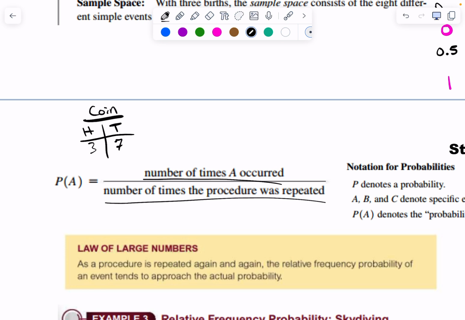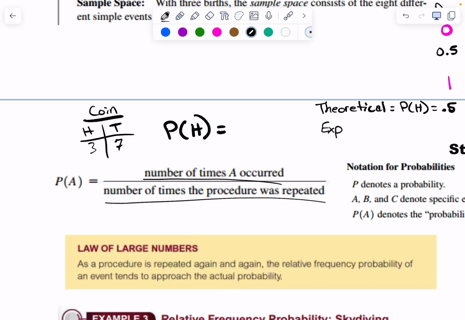Is that uncommon to get a 3 and 7 split for flipping 10 coins? No, probably not, right? 3 and 7, that's okay. But if I say the probability of heads, what would my probability of getting heads in that scenario be? Well, 50-50 should be. Yep, that's good, okay, theoretical. In theory, the theoretical probability of getting heads would be 50-50, so 0.5, okay?